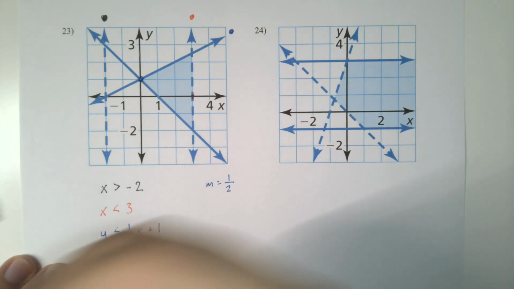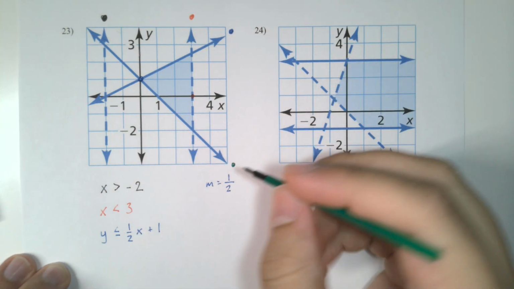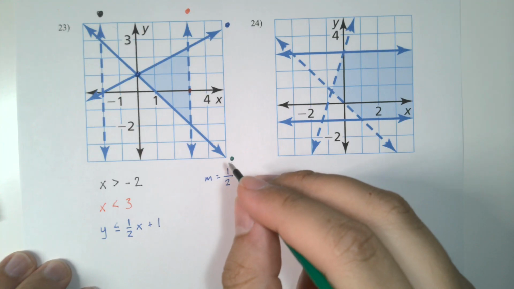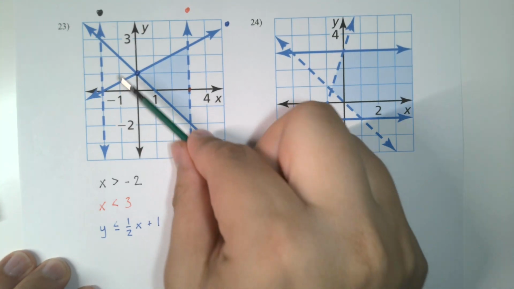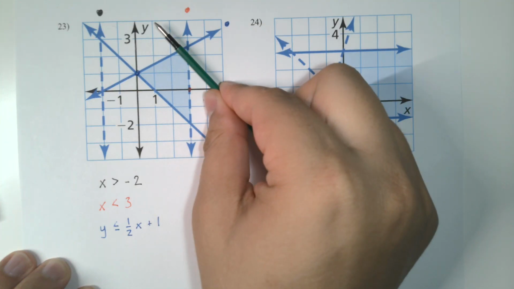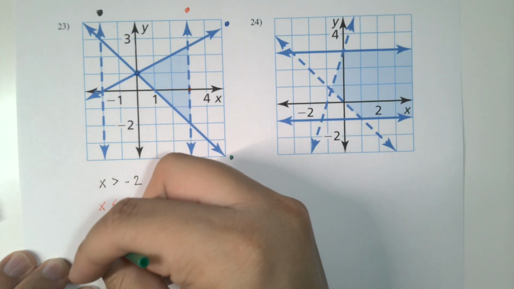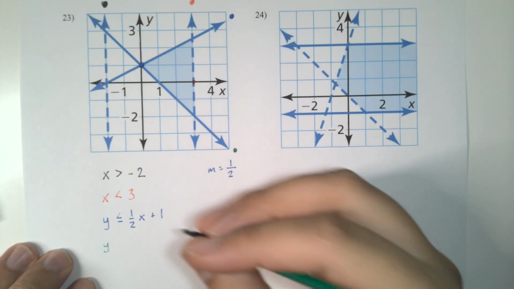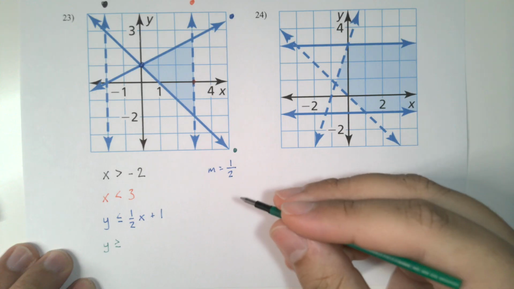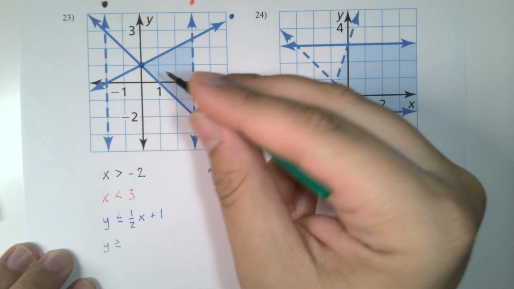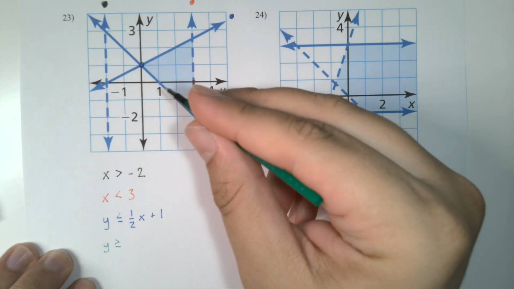And now I have my green pen. And so this is going to be our green line. Let's see, so the shaded region is above the line, and because it is solid, it is going to be y is greater than or equal to, and the slope here is right 1, down 1.